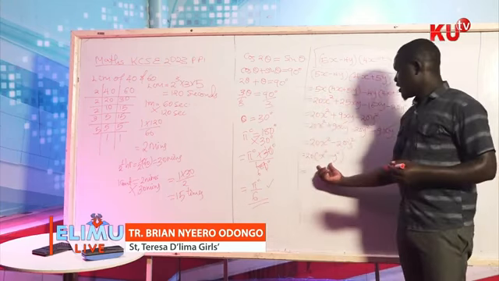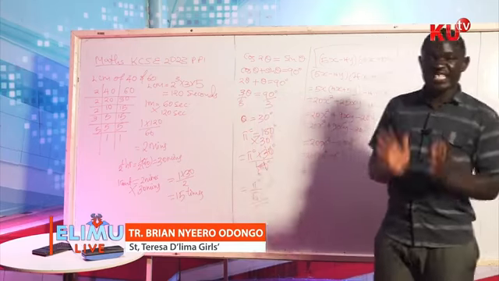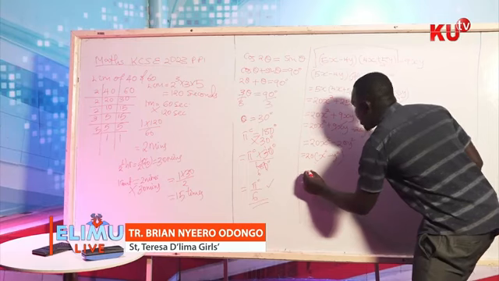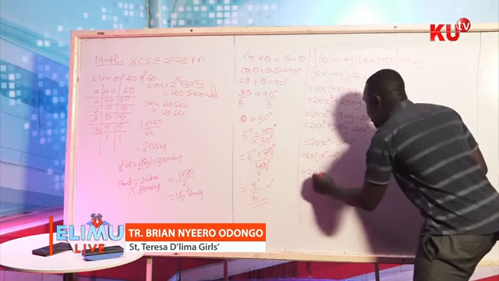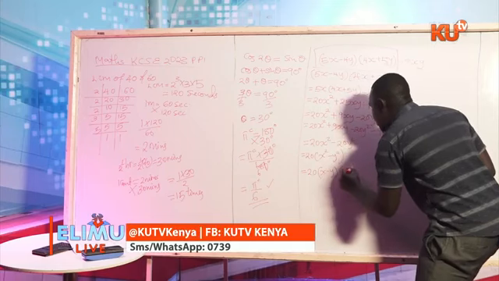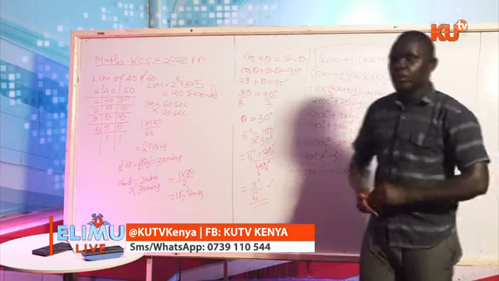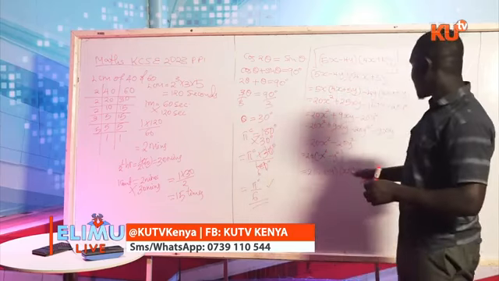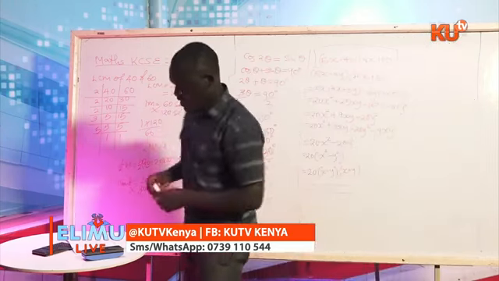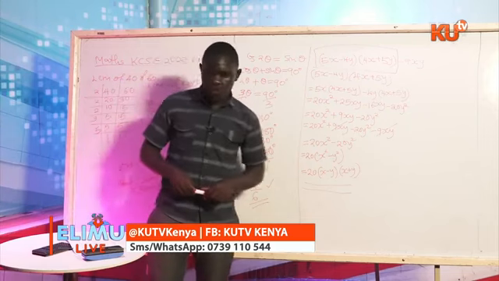So this difference of two squares inside the brackets, we can expand it such that our final answer becomes 20 into x minus y, x plus y. Up to that point you would have answered that question the way it is expected: 20 into x minus y, x plus y.